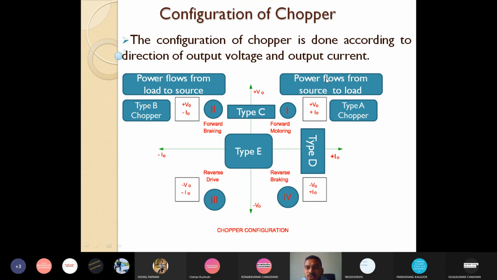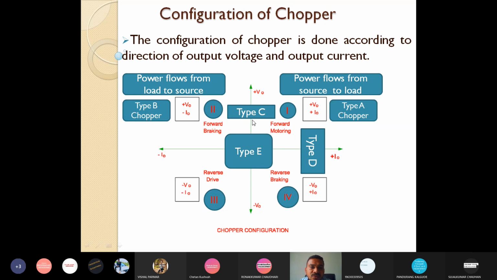Because output voltage and output current both are positive, we can say that the power flows from source to load in first quadrant chopper, and this first quadrant chopper is also known as the forward motoring action. So this chopper operates as a forward motoring action.